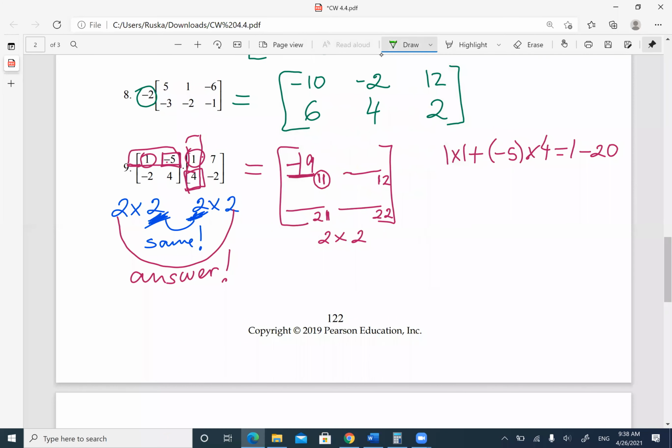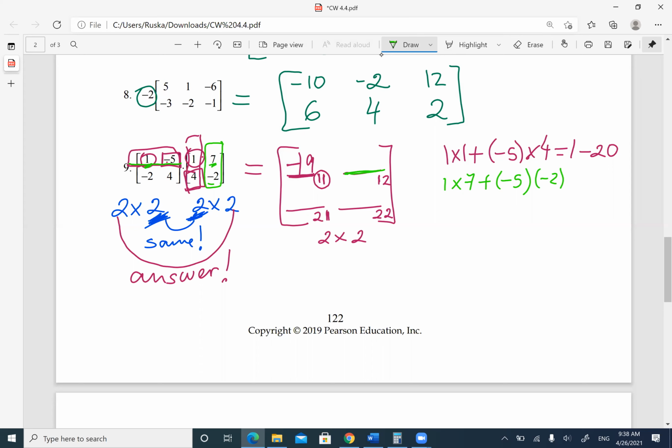Okay? Then the next number here, which has index 1 and 2, I'm going to multiply the first row, the same row, but with the second column now. And I'm going to do the same. 1 times 7 plus negative 5 times negative 2.